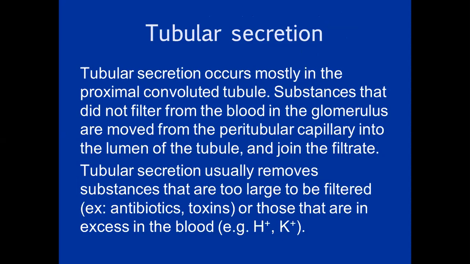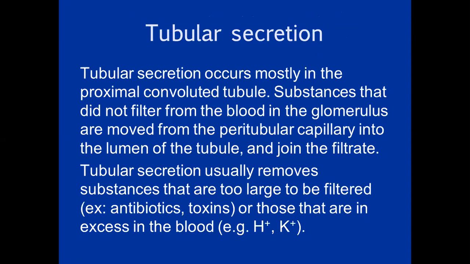Tubular secretion, which remember is the process whereby certain of the molecules that are toxic remained behind in the blood at the glomerulus because they were large molecules, but they need to be excreted in the urine.